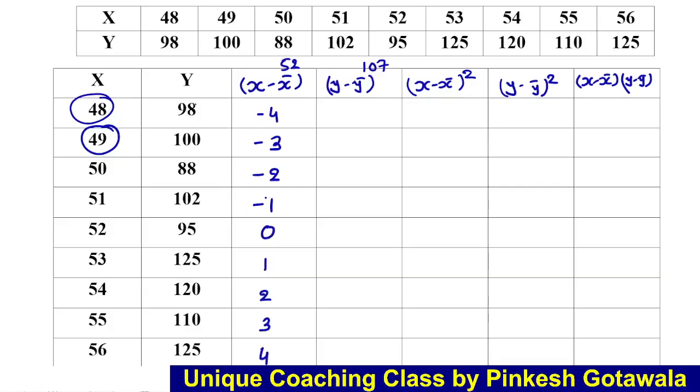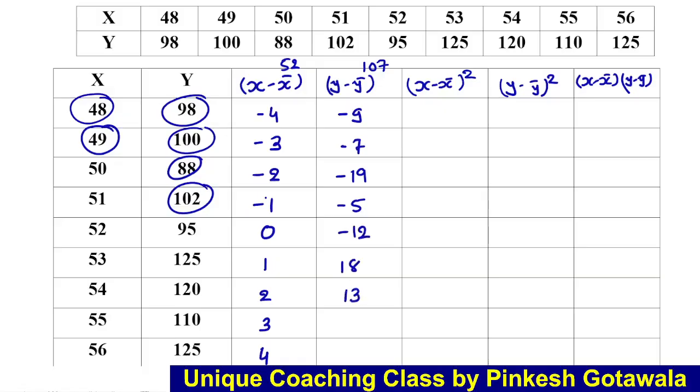And y minus y bar: 98 minus 107 is minus 9, 100 minus 107 is minus 7, 88 minus 107 is minus 19, 102 minus 107 is minus 5, 95 minus 107 is minus 12, 125 minus 107 is 18, here 13, here 7, and 18.